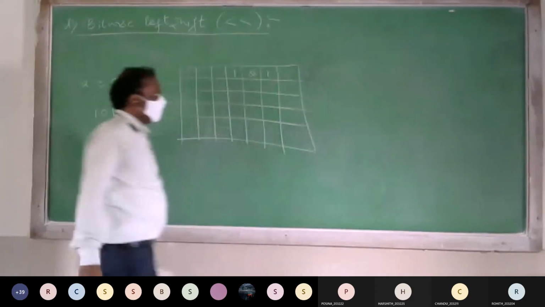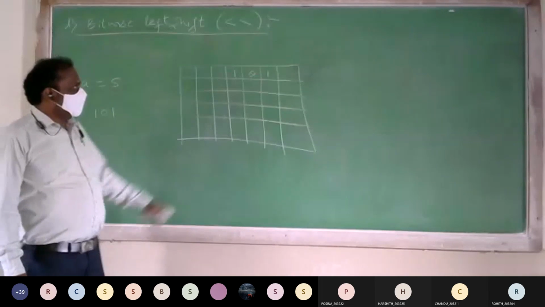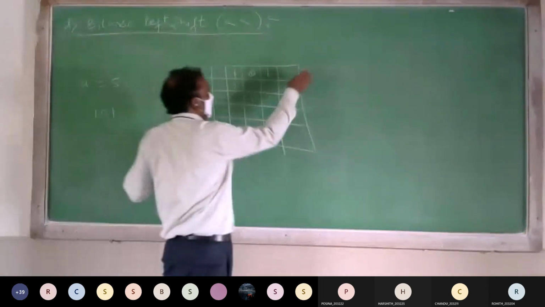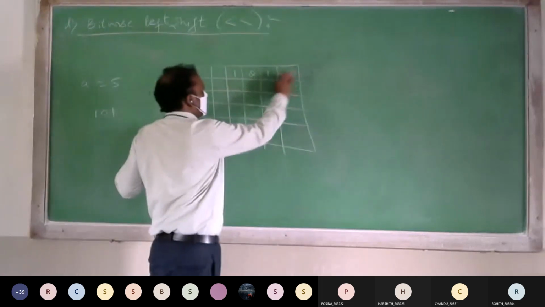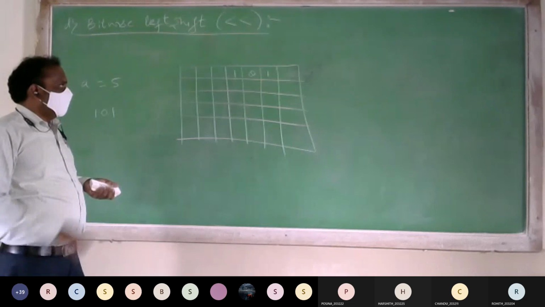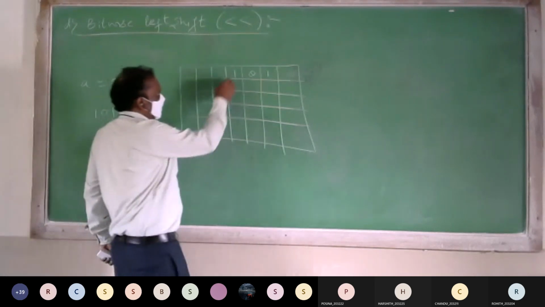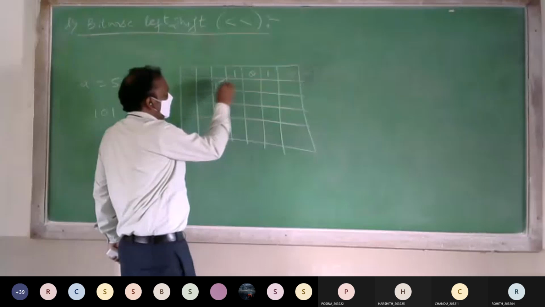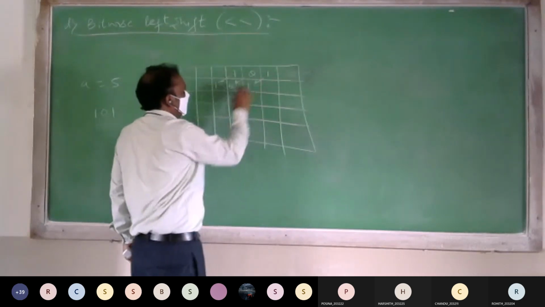Here nothing is there means they will contain 0. We are not considering that 0. When you shift left by 1 bit, this will come here, this will come here, this will come here.